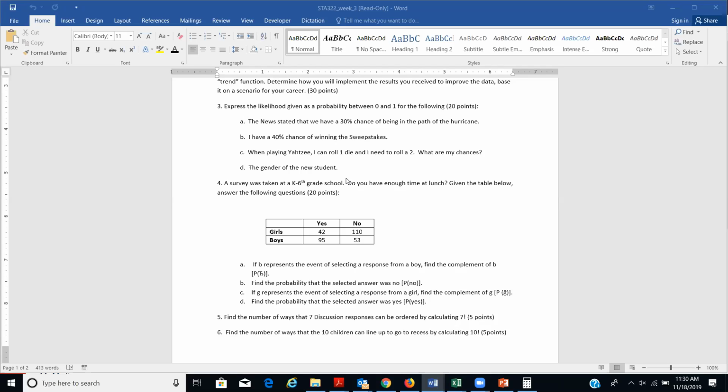That never can happen, so that would be a probability of 0. Rolling a die and it will come up with a number between 1 and 6. That's 100%. It will come up with one of those numbers. So probabilities are always between 0 and 1, or 0% and 100%.